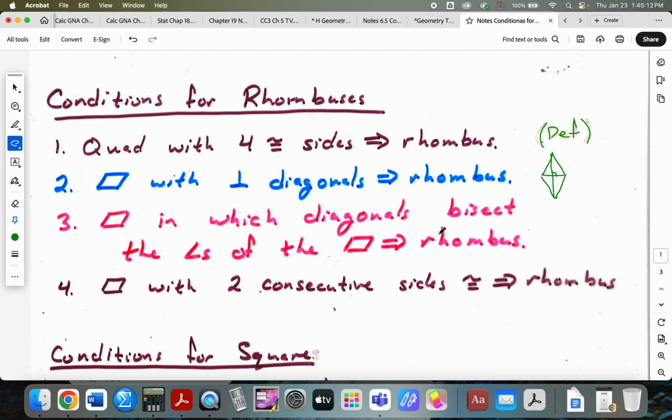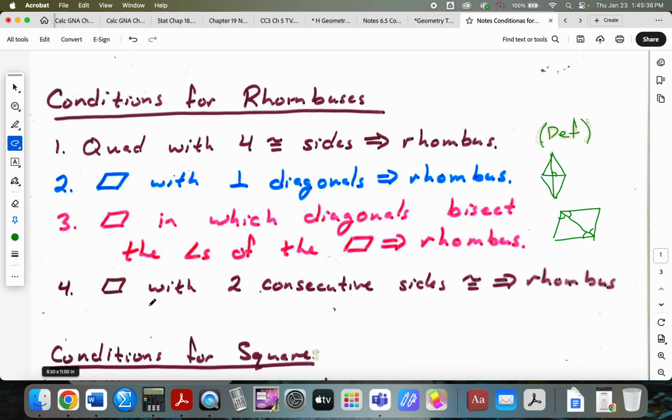Another is if it's a parallelogram in which the diagonals bisect the angles of the rhombus. So in an ordinary parallelogram, the diagonal doesn't bisect the angles. But in a rhombus, all 4 of those angles will be the same.